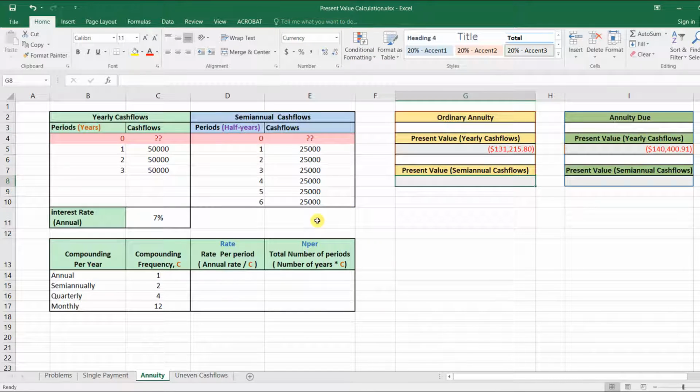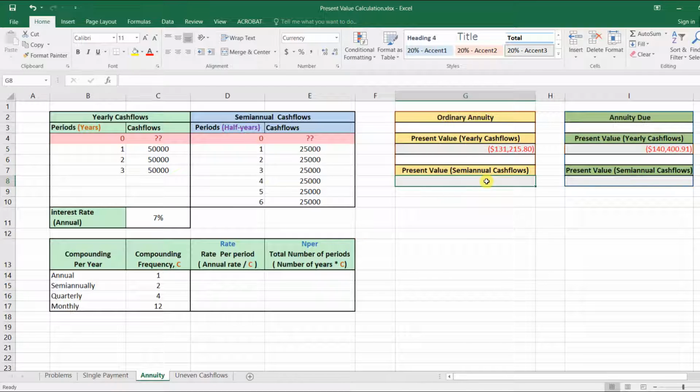We need to convert the annual interest rate into semi-annual interest rate. We're assuming here that the interest rate is also compounded semi-annually. So the cash flows are made semi-annually, the interest rate is also compounded semi-annually. Only then we can use the formula that I'm just about to show you. All right.